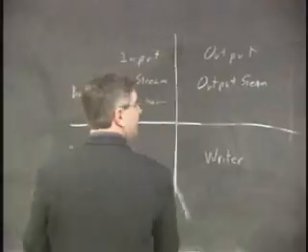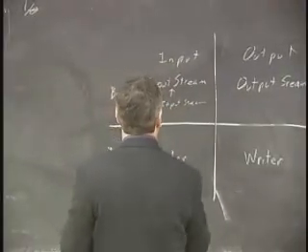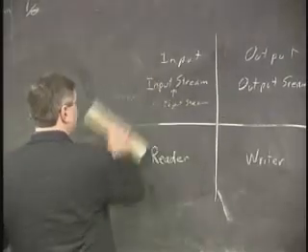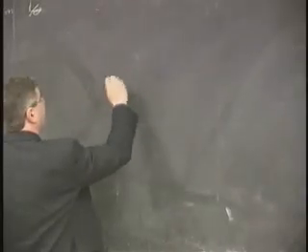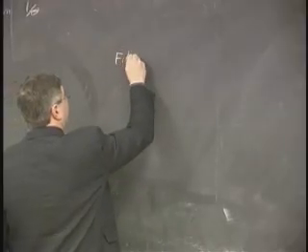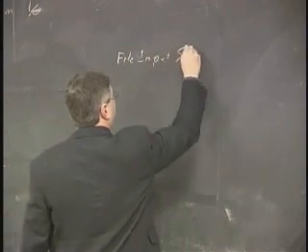So the actual code to do one of these things, I'm going to erase this, because the code to do these things starts to really, really grow. So let's say we want to do file input stream.